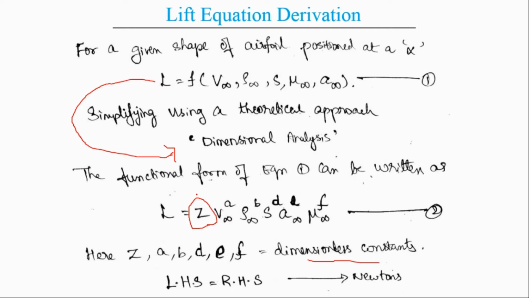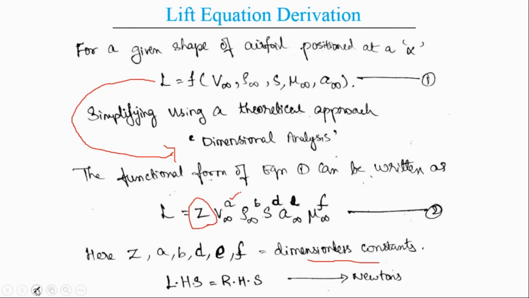So let it be a dimensionless factor. Similarly, every factor, that is velocity, density, area, compressibility, and mu infinity, that is the viscosity coefficient, is associated with some factor. This can be of any value, 1, 2, 3, whatever it may be. So let us give it as dimensionless constants.